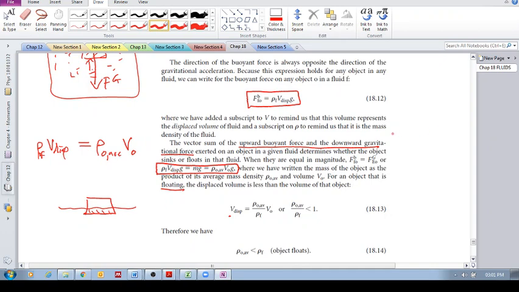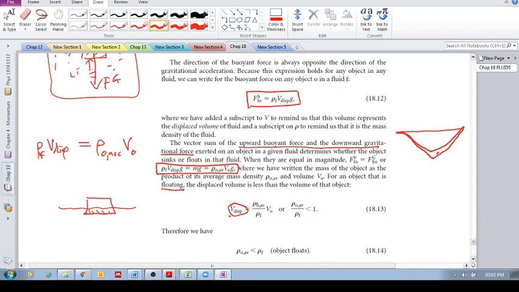And we saw that a ship's hull is made of steel, whose density is much higher than the density of water. So how does this still float? It is because the displaced volume is equal to this ratio.